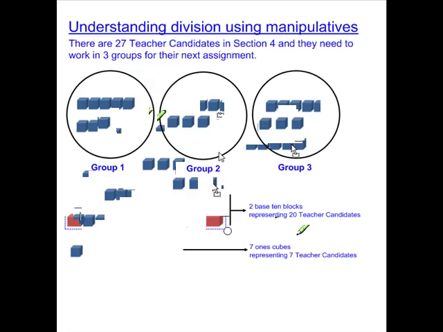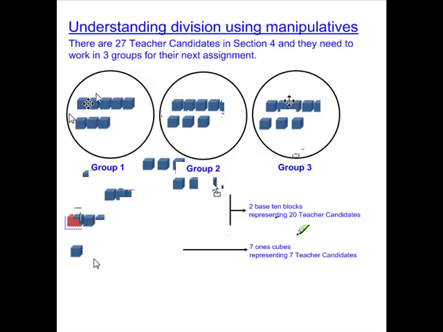Let's count. We have 3, 6, 9. So I assigned a total of 9. Each group, however, received 3 more. There were 3 for group 1, 3 for group 2, and 3 for group 3, making a total of 9.